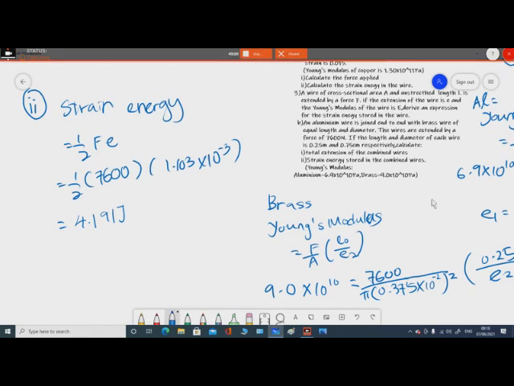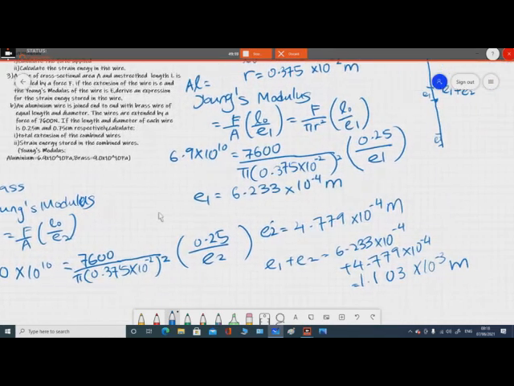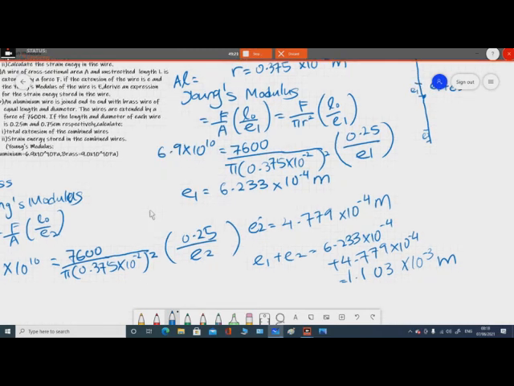Okay, 4.191, with 1.101 times 10 to the power of negative 3. Oops, wait, there is a slight difference between the answers. Let me see where the difference is.